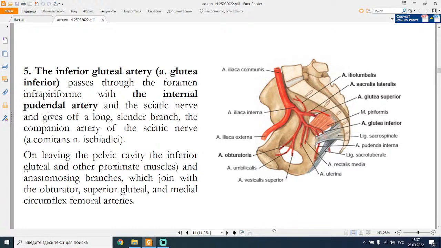On leaving the pelvic cavity, the inferior gluteal artery supplies the gluteal and other proximate muscles and gives anastomosing branches which join with the obturator, superior gluteal and medial circumflex femoral arteries.